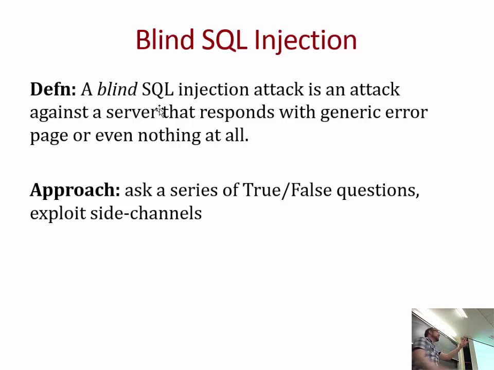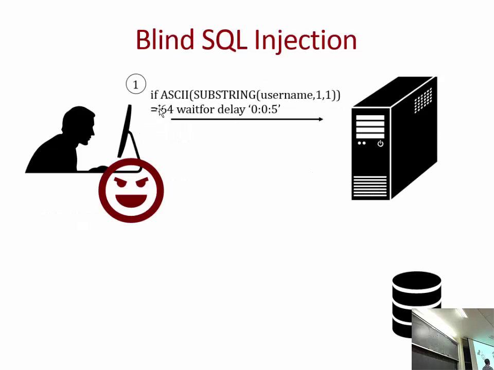So the approach is exactly what we're saying. We're going to take a look at some of the side channels, for instance, time, and ask a whole bunch of true-false questions, since we're either going to get no error or some error, or this took a long time or took no time at all. Let's see how that would work. Suppose I want to know what the username is.